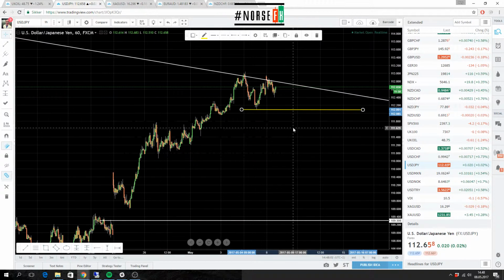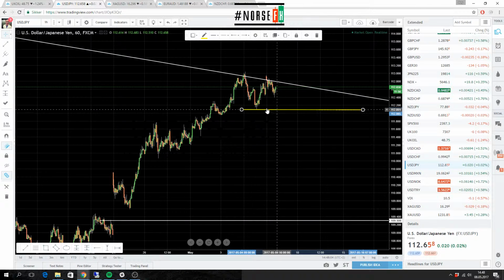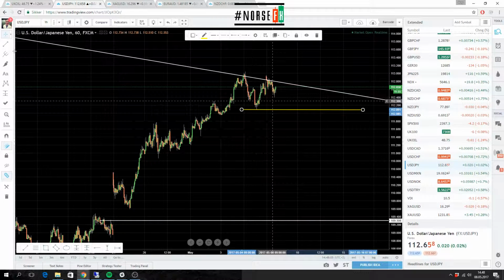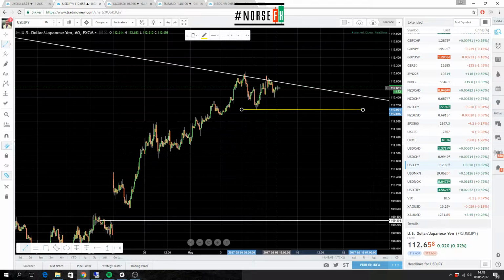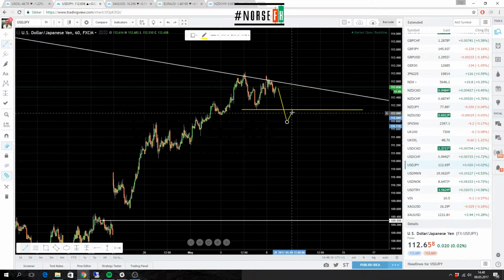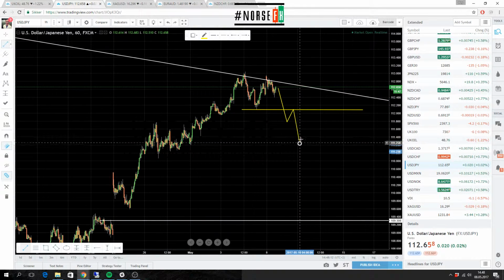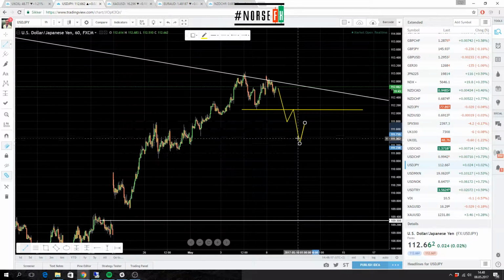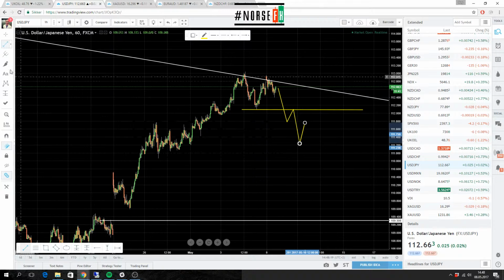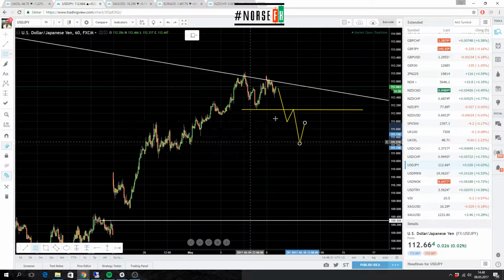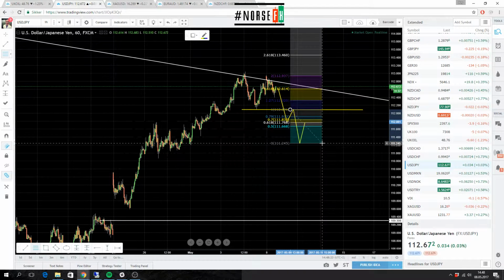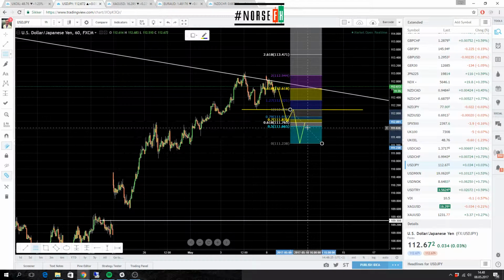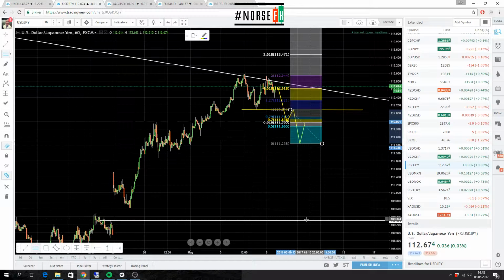Then I would look to just sell aggressively on any rally in this pair. If we start to break down like this, if this happens, I'll then take my fibs on a leg like this, do the 618, compound my trade, like add to my trade, build a bigger position, then target lower.